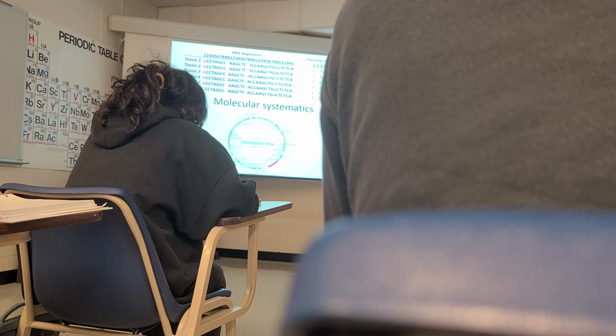So we can only hypothesize how species are related to each other based on the data that we have. And this is one of the types of data that we have. So molecular systematics is using DNA and RNA for relationships among the organisms. So we're specifically using DNA and RNA to make these phylogenetic trees, hypothesizing how species are related to each other based purely on their DNA.